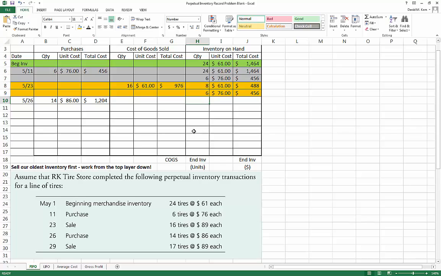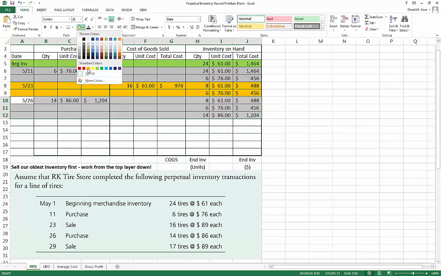So now we have 3 layers: 8 at 61 for 488, 6 at 76 for 456, and we have the newest layer, 14 at 86 for 1204. So we have 3 layers, and they are still in order of oldest to newest.